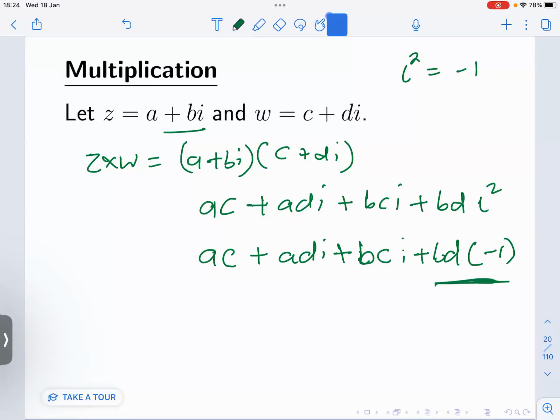This term then becomes real. bd times -1 gives us negative bd, so we'll get ac - bd as the real part. Plus, i is common in both terms, so we can factor it out to get ad + bc as the imaginary part of Z times W.